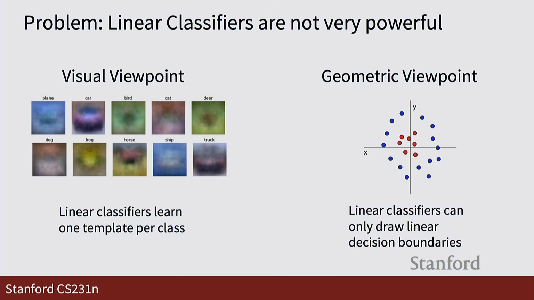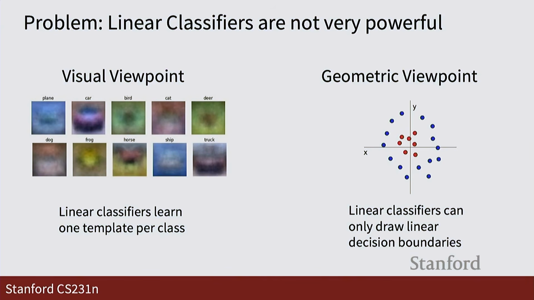One was the visual viewpoint, where you can interpret the learned weight matrix as an image, where you learn one image template for each of the categories. Each row of that weight matrix is one template, so the linear classifier basically needs to summarize all of its knowledge about each category into just one template. And that's just not a very powerful classifier.